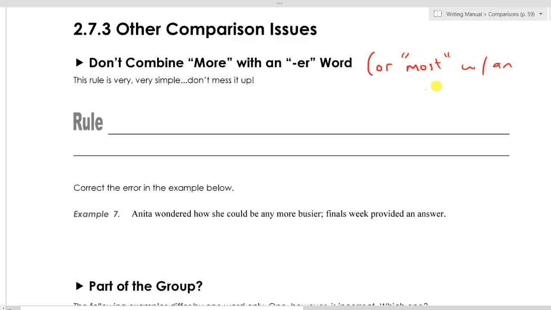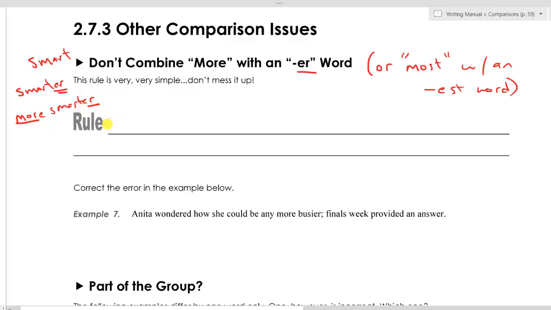with an EST word. Remember that when you put an ER on a word, when I go from smart to smarter, well, what does smarter mean? It means more smart. So if you say more smarter, you are saying more smart, more smart.